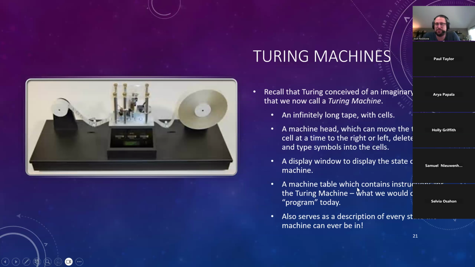It has a machine table. The machine table contains every possible state the machine can be in. And depending on what your machine is specialized for, it can also be thought of as containing the instructions or the program for the Turing machine.